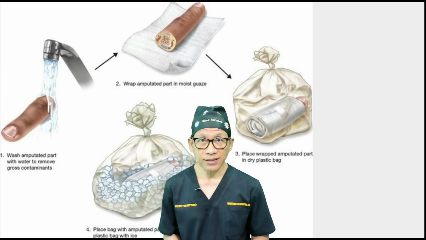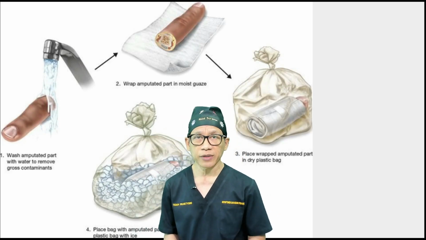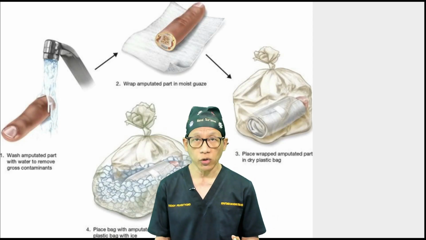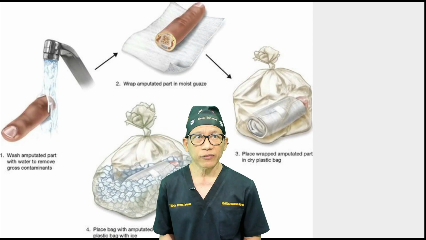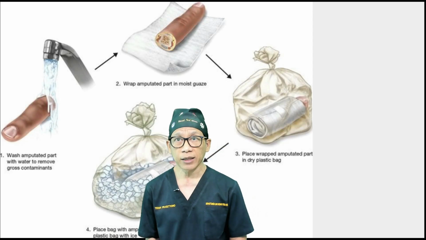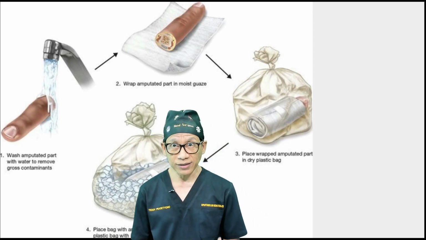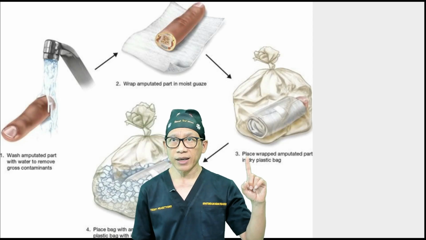Okay, so the next case that I would like to discuss a bit is amputation, which I believe all of you already understand how to deal with, the amputated part. The very basic information is just to clean up the amputated part and wrap it in clean gauze, then put it into a dry container, for which it is very easy to use a plastic wrapper like this.